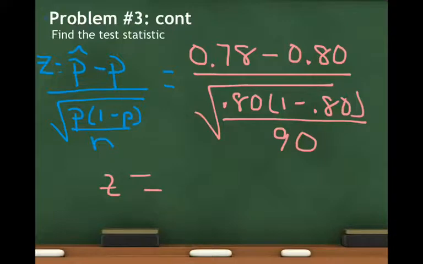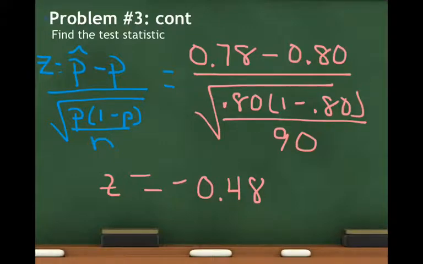Hopefully you found your z-score to come out to be minus 0.48. I rounded here, which is perfectly fine. There's our z-score, our test statistic.